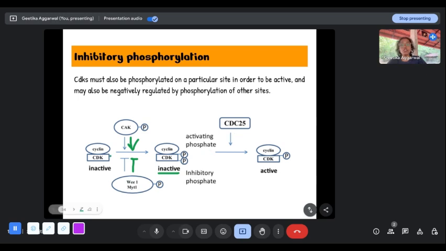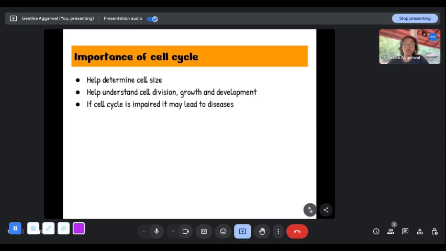Wee1 is phosphorylating the CDK and making it inactive, and CDC25 is dephosphorylating that particular site, making it active again. It might be a little confusing, but this is how it happens in the cell. Just remember that Wee1 inactivates the CDK and CDC25 activates the CDK.